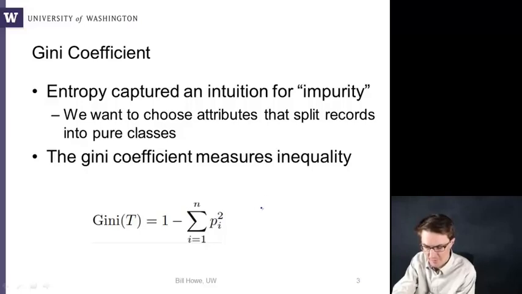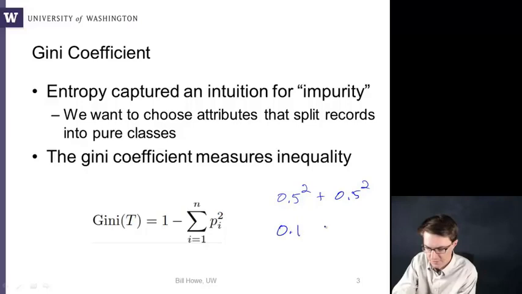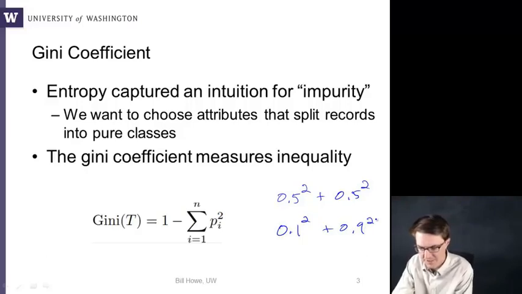But if you have probability 0.5, square that, and it'll be plus 0.5 squared on the other side. Say we have a binary class, so just survived and not survived. Then this will be 0.25 plus 0.25, which is 0.5. But if you have 0.1 squared plus 0.9 squared, well, that's going to be a lot smaller.